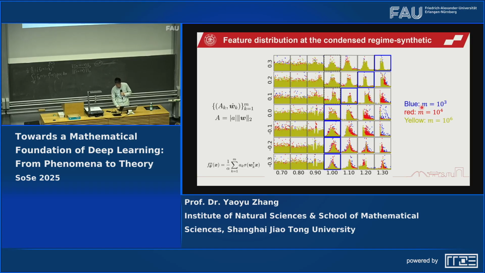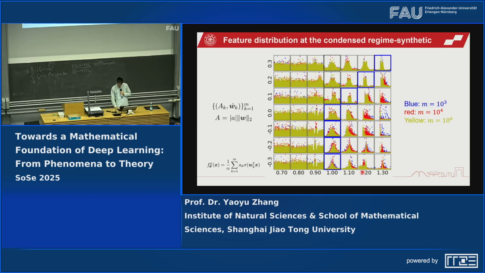As we increase the width of the network, you can see in this condensed regime, the support of these neuron groups becomes more and more concentrated at the final training. You can see that from blue to red to yellow, which is 10 to the 6, a million neurons. You can see clearly this tendency. Because we observe this very clear pattern, we name this regime the condensed regime.